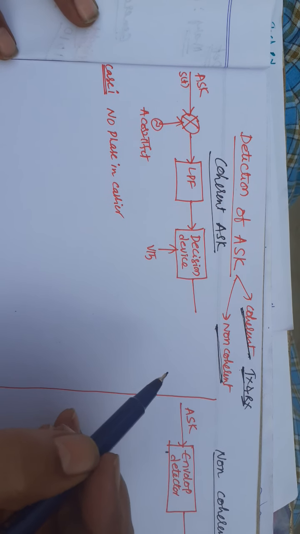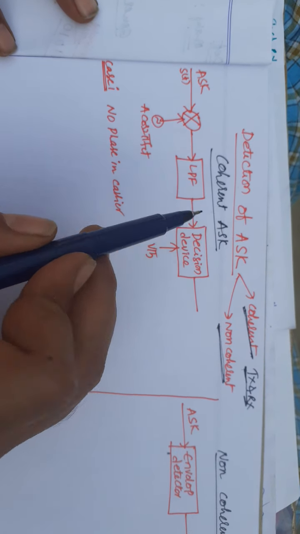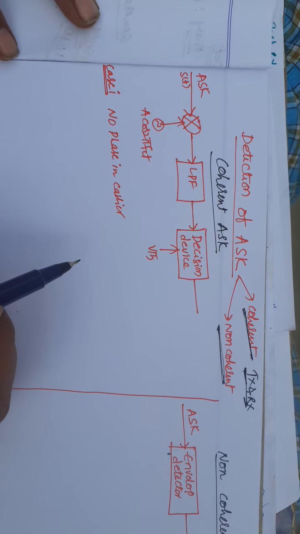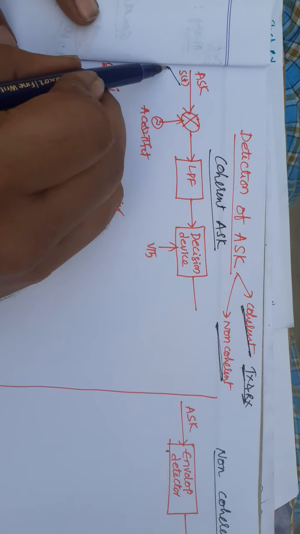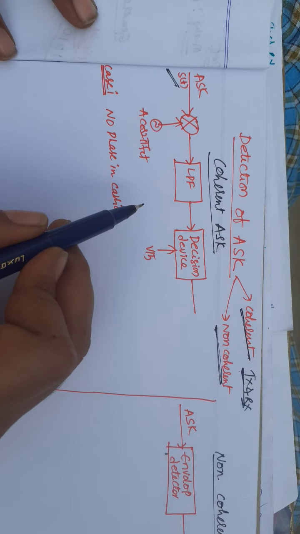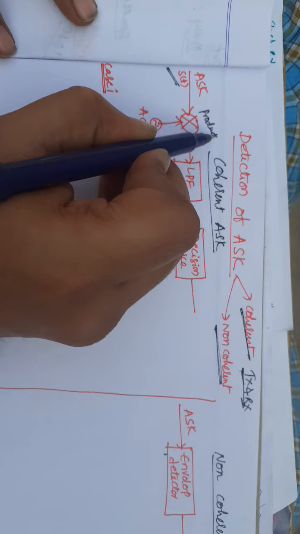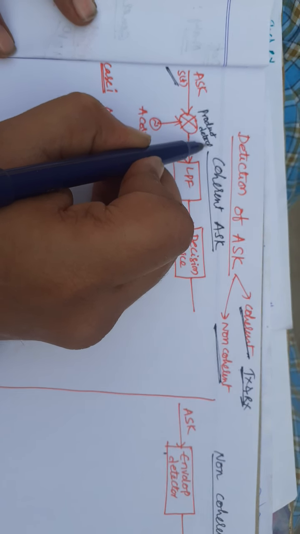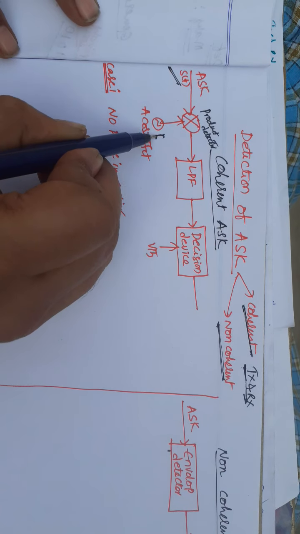First I am going to explain coherent ASK or coherent BASK. The block diagram of coherent BASK consists of the modulated signal ASK, modulated signal S of t, which is multiplied in the product detector with a high frequency carrier signal, that is the local oscillator.